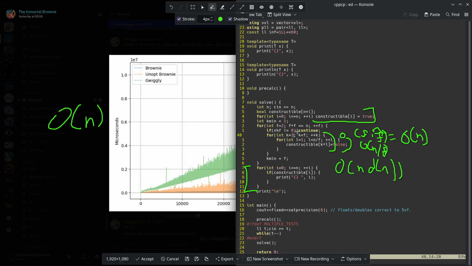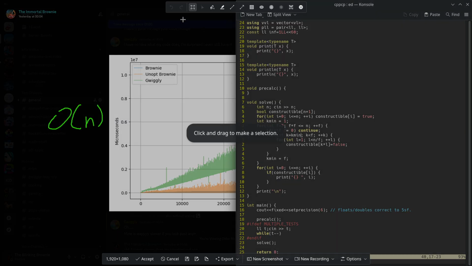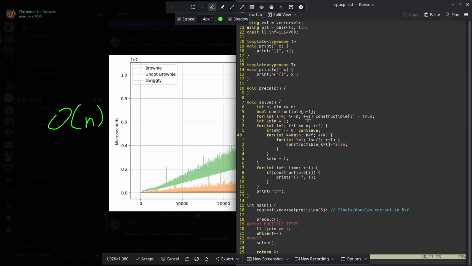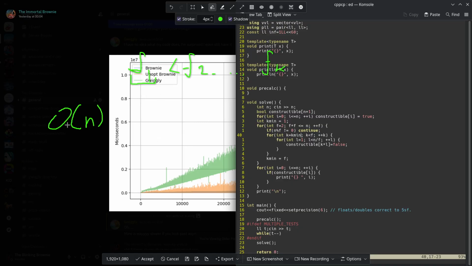So how do we get a better time complexity? By setting this to be k-min. For every new divisor, if we order the divisors f1, f2, and so on to fk, let's say, now each divisor does not take a constant amount of time to run, right?